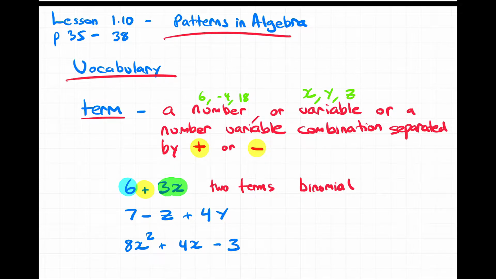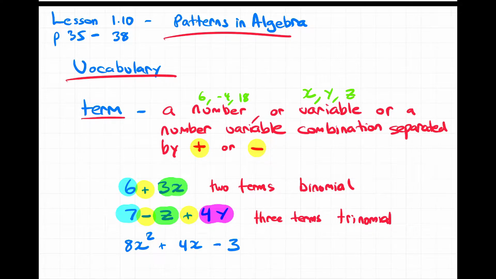Now the next one that you see, how many plus or minus signs do we have? We have 1, 2. So that is going to be separating 1, 2, 3 terms. So an expression like this that has 3 terms is going to be a trinomial.